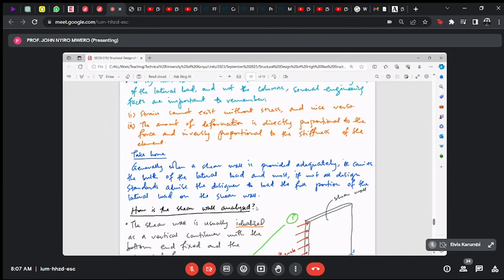I also did mention that there are many models that have been proposed, or many thoughts that have been shared about how load will be distributed to these vertical elements. And I mentioned that amongst the pioneers of this work are two gentlemen who were professors. One was called Muto, the other one was called Stodola.